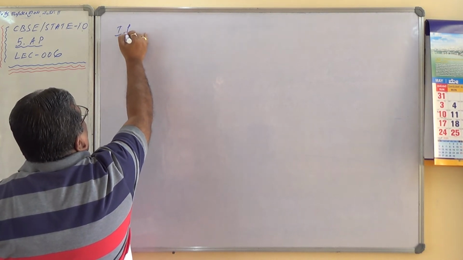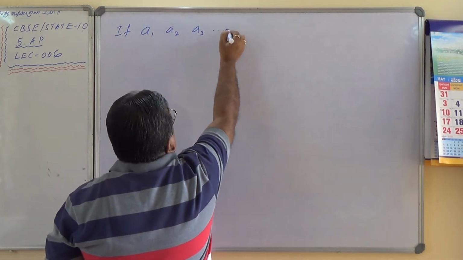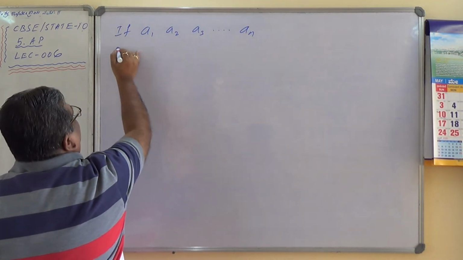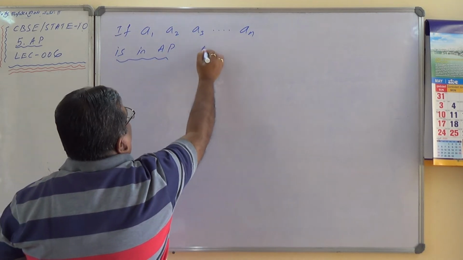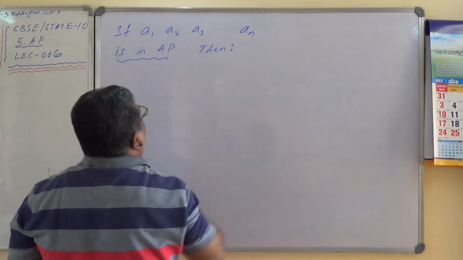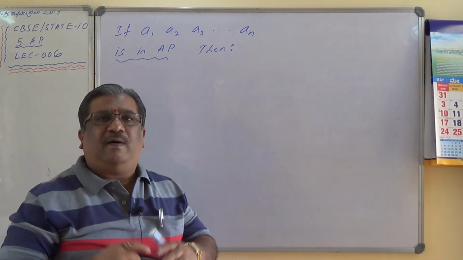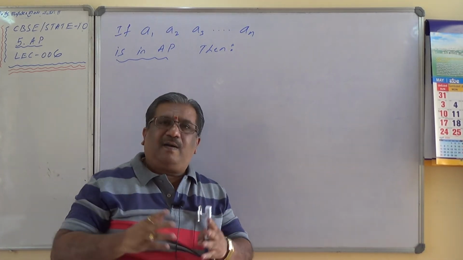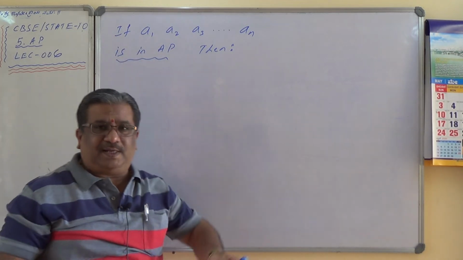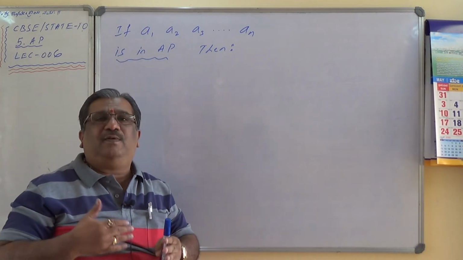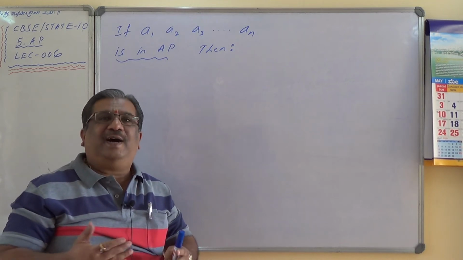If a1, a2, a3 is in AP, then adding, subtracting, multiplying or dividing the given list of numbers by any non-zero constant also results in a new arithmetic progression.